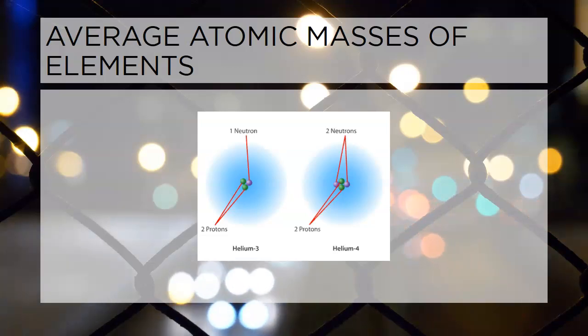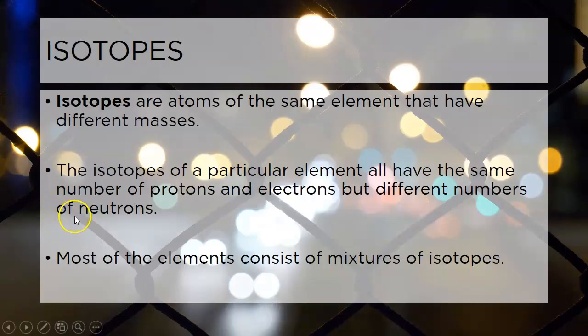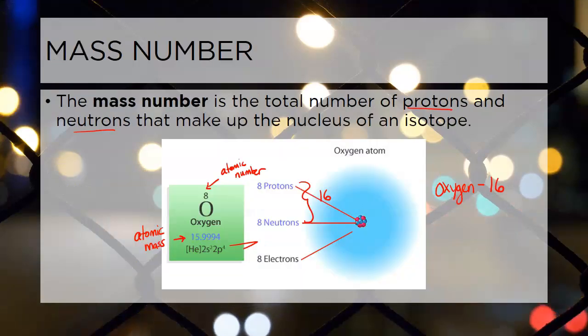And that's why we look at oxygen's atomic mass. It was 15.9994. What do you think the mass number of a typical oxygen atom would be based on this average atomic mass?